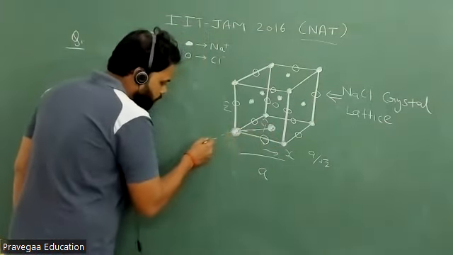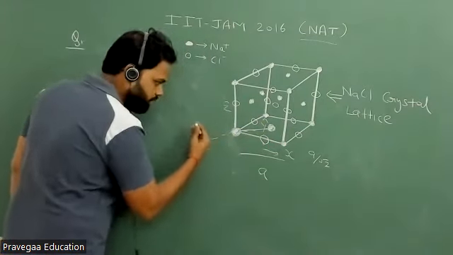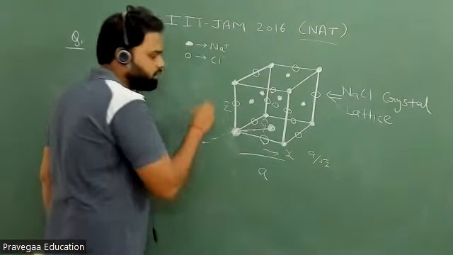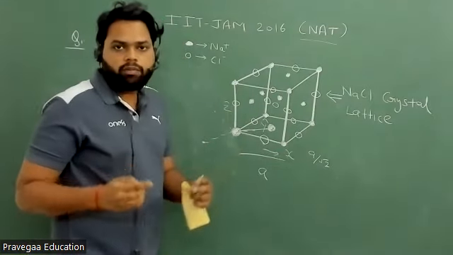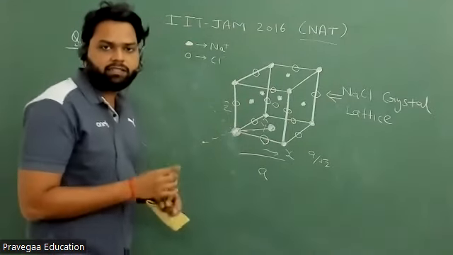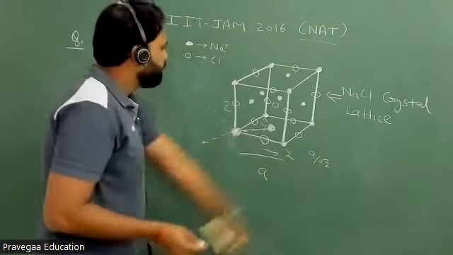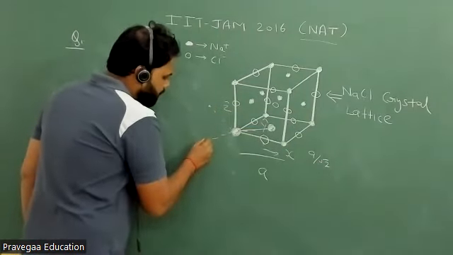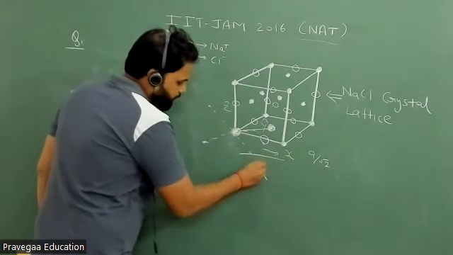By symmetry, one sodium ion will be at this cube and one at that cube, since we are talking about an infinite lattice, with the NaCl lattice extending everywhere. One will be at this point, one at this point, and another at this point.